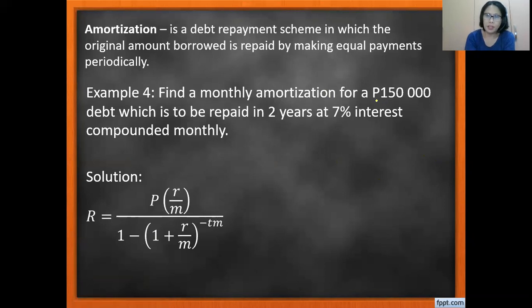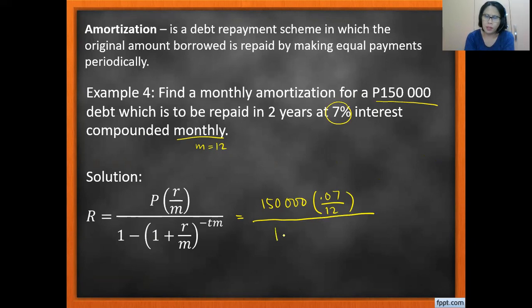150,000 here is the present value. And then this is the annual interest rate. Monthly, so M is 12. So this is 150,000 times 0.07 all over 12, all over 1 minus 1 plus, this is 0.07 again over 12, to the negative, so this is 2 times 12, 24.